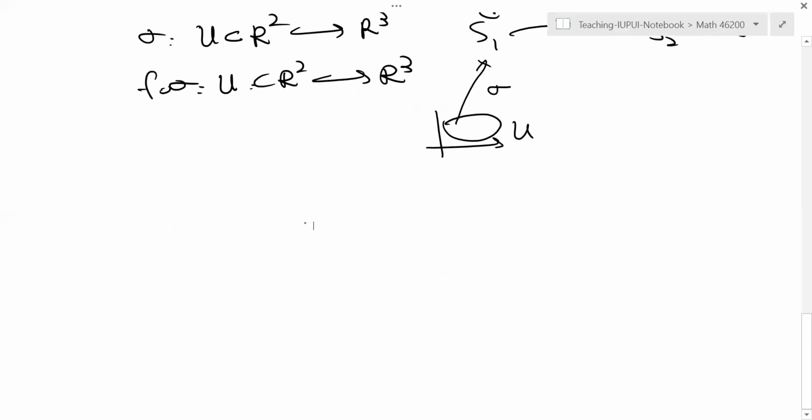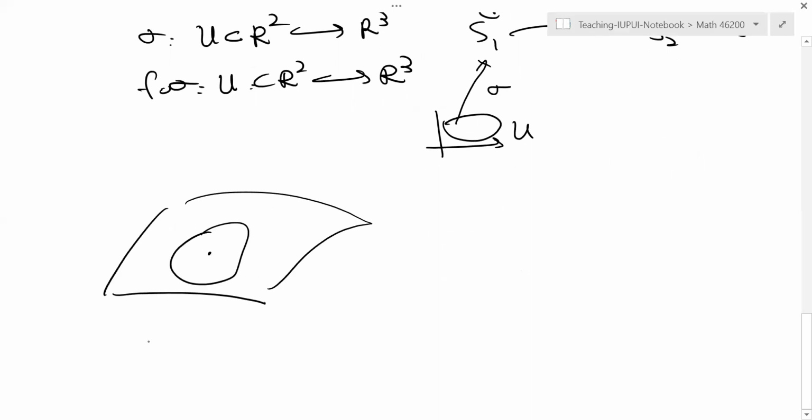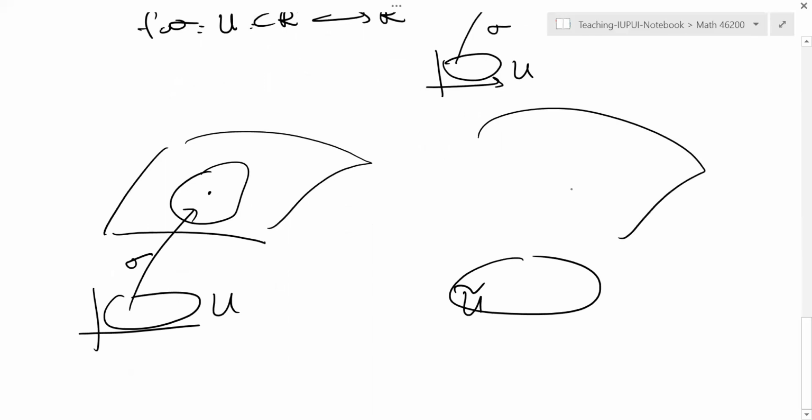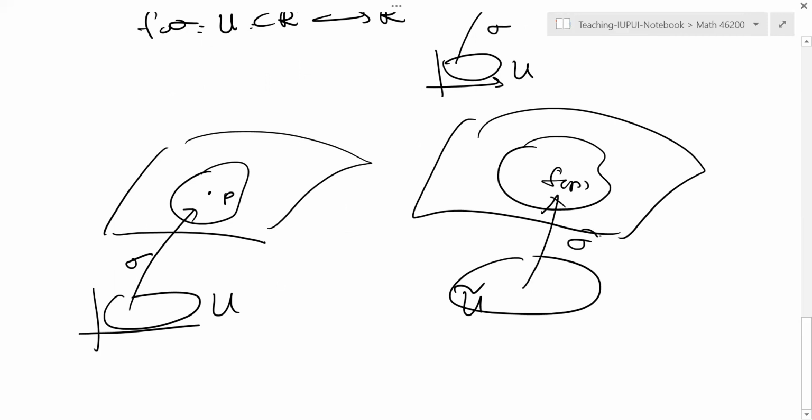And this is S1. Let me draw the picture. This is sigma, and here that's U tilde, and this is a P, that's F(P). Sigma tilde.